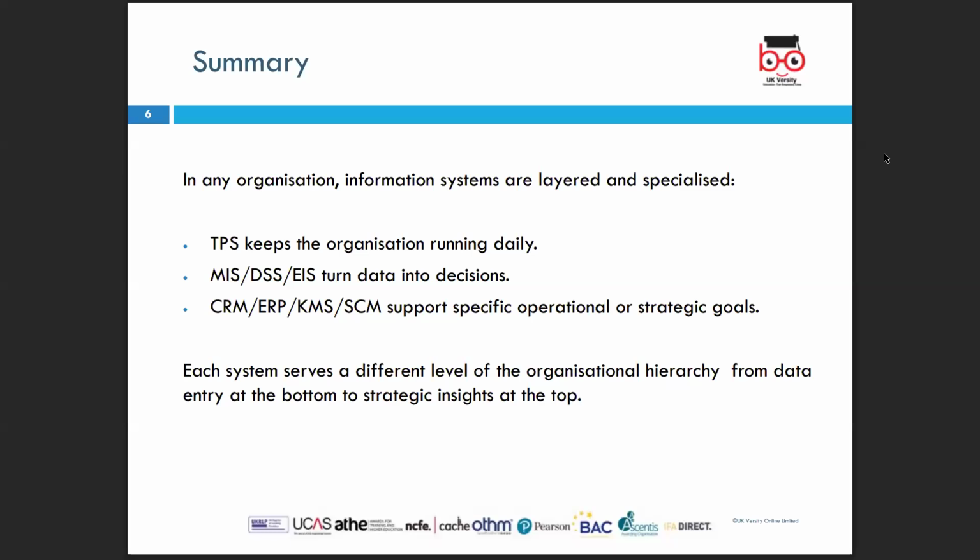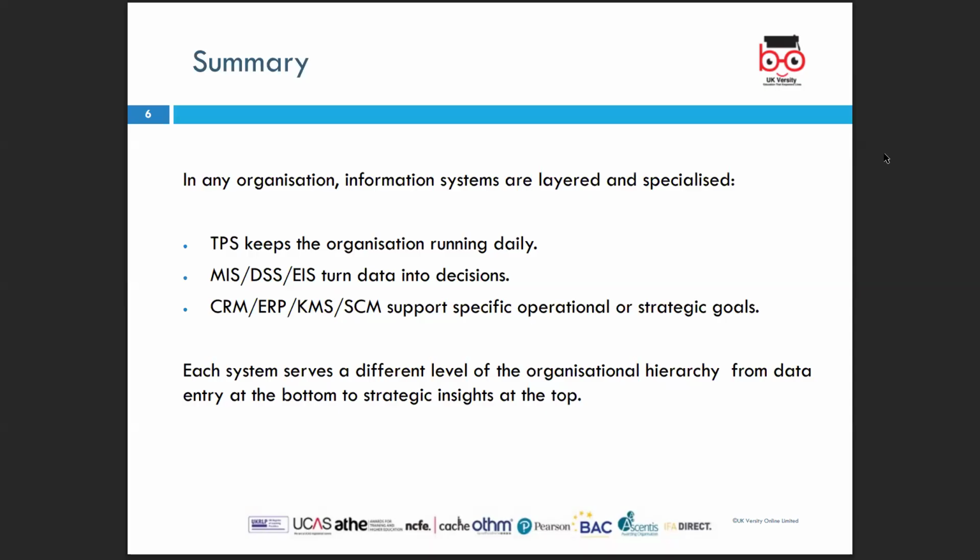So basically, to summarize this, in any organization, we know that information systems are key for the success of the business.